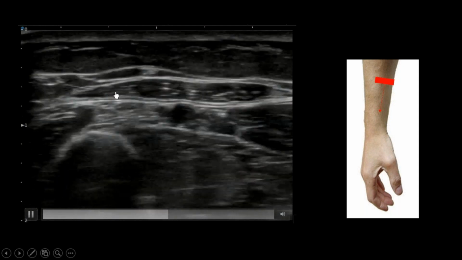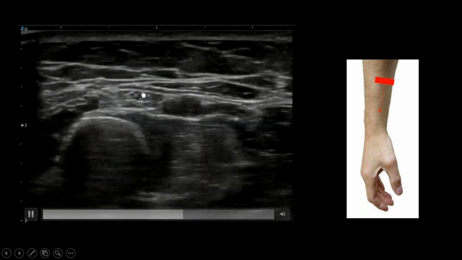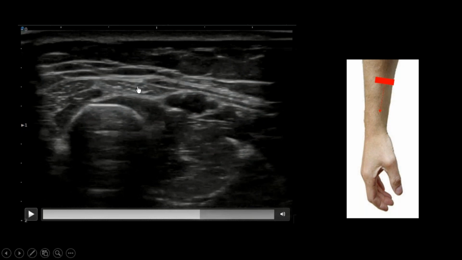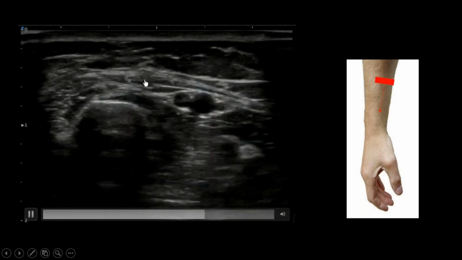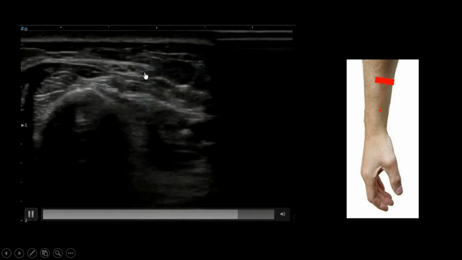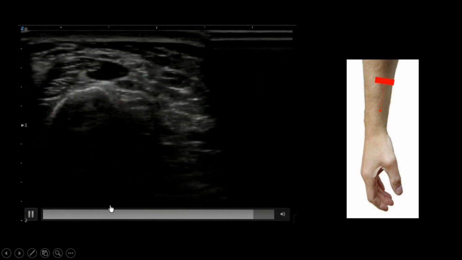It comes superficial, and right at about this level, it's becoming superficial, and it's coming out between two muscles, which are brachioradialis and extensor carpi radialis longus. And as it comes superficial, you will see it flattens and it branches into terminal branches to innervate the dorsoradial aspect of the hand.